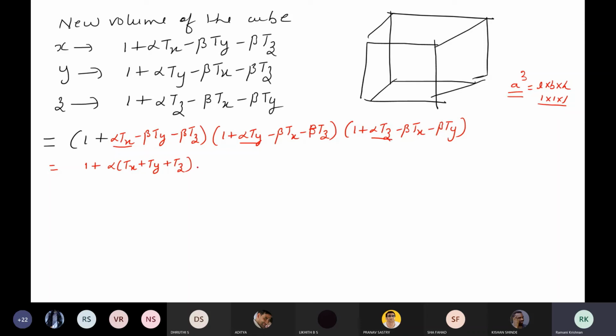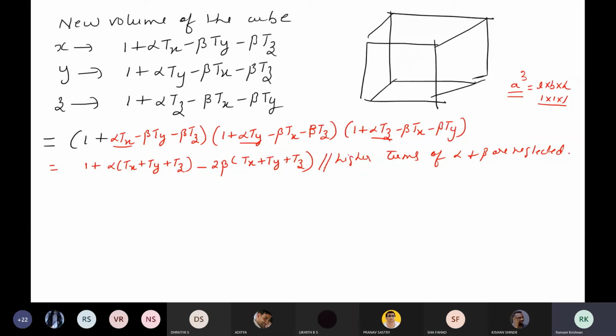Then I'll get 2 times beta when I do the multiplication, so 2 beta again times Tx plus Ty plus Tz. Higher terms of alpha and beta are neglected, so I get only this much because I'm neglecting the higher terms.